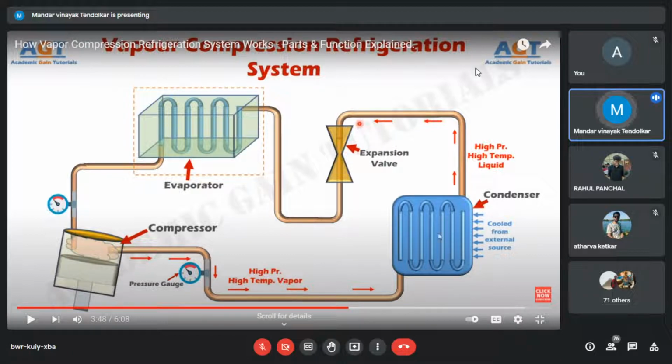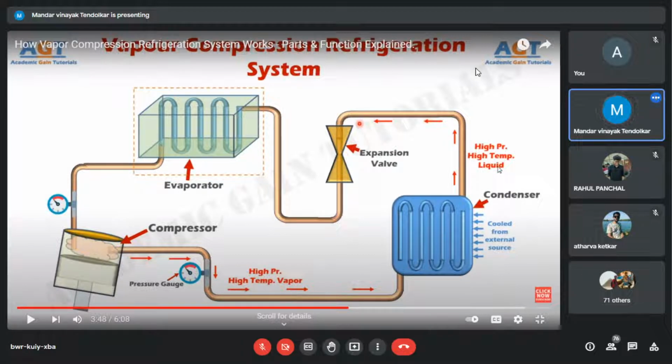Then with initial rejection, it comes to the saturated vapor, then with further rejection, it goes to saturated liquid. And then even further slight reduction gives a subcooled liquid. So there is a reduced temperature. What the creator of this video is describing is simple phase change. So that is why she is saying high pressure and high temperature only. High pressure, high temperature vapor to high pressure, high temperature liquid is only a phase change.